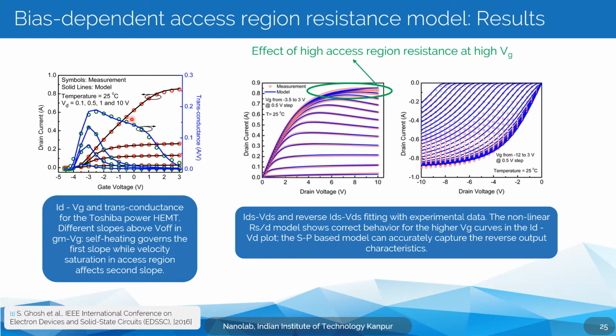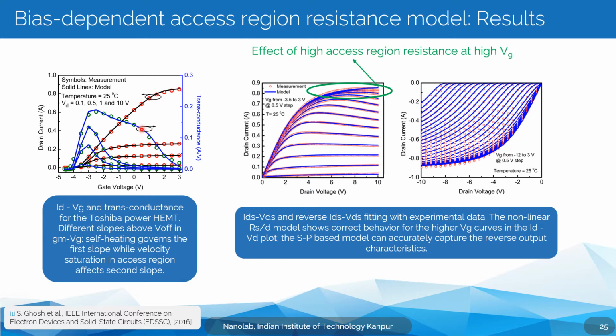Since they go to very high currents, you clearly see these two different slopes. And the first slope is because of velocity saturation. So in the transconductance, the first slope you see is due to velocity saturation, and the second slope, which is normally at very high gate voltages and at very high drain voltages as well.